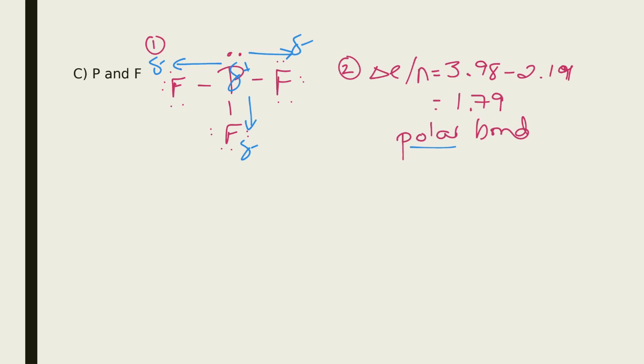Now, step 3 is for us to look at the overall polarity. If we consider what's happening here, we notice we have a movement across the molecule, so from left to right, that is equal, so those cancel out. But we notice that we have a movement going down and nothing's happening at the top.